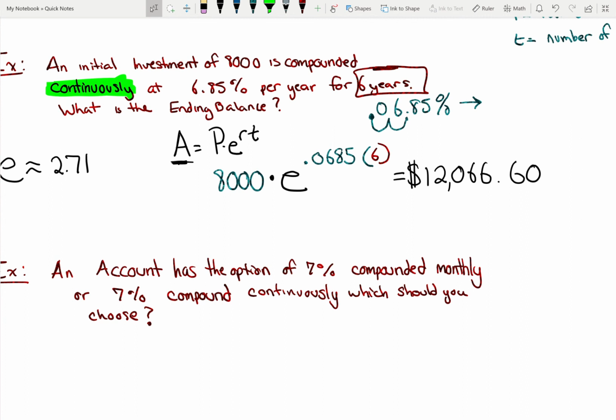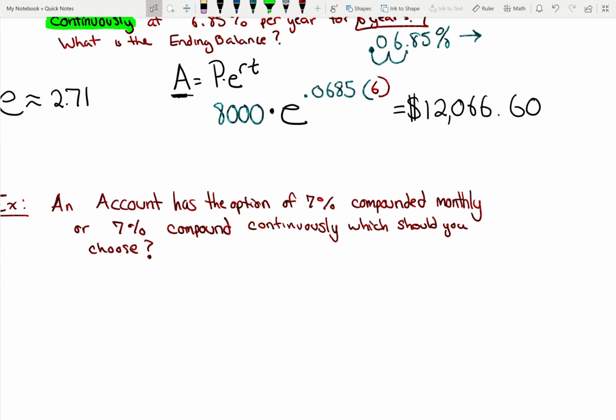You go to a bank, you start a savings account, and you have to figure out which interest rate is better for you. Is it Chase? Is it Wells Fargo? I heard a lot of online banking has really good interest rates, so check that out too if you want.